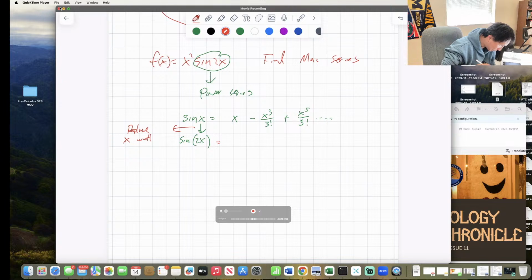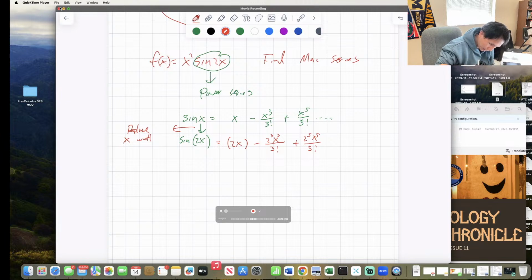So if I do that, I will get 2x for the first term, minus 2 to the third x to the third over 3 factorial, plus 2 to the fifth x to the fifth over 5 factorial.